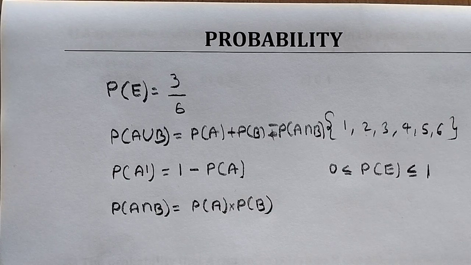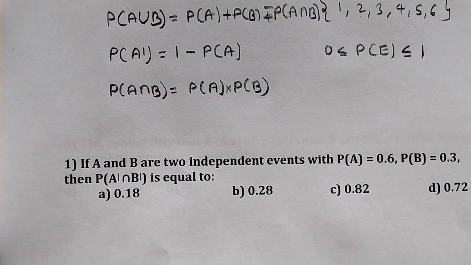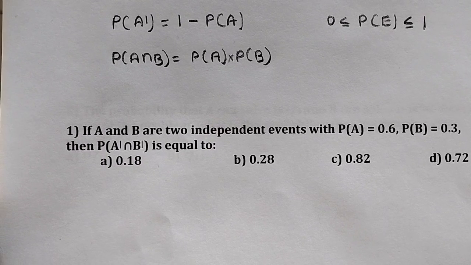Now I am going to start directly with question number 1. If A and B are two independent events with P of A equal to 0.6 and P of B equal to 0.3, then what is P of A bar intersection B bar?